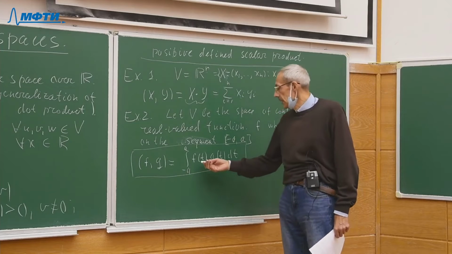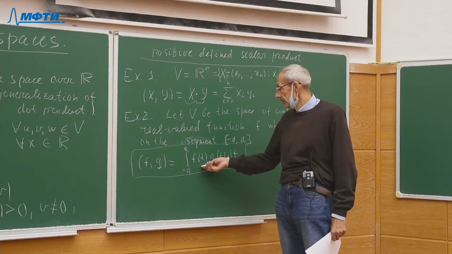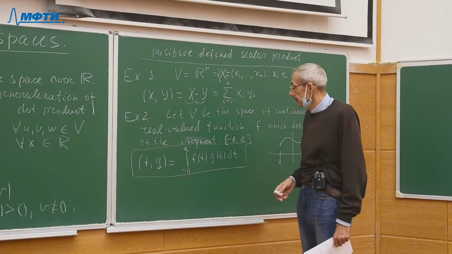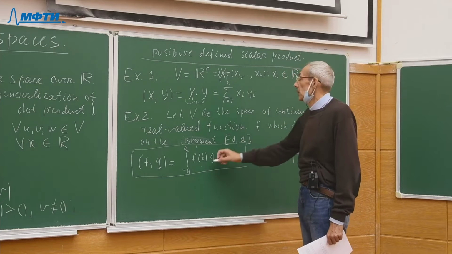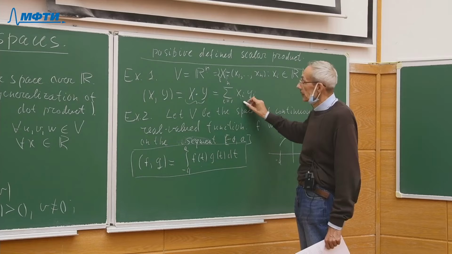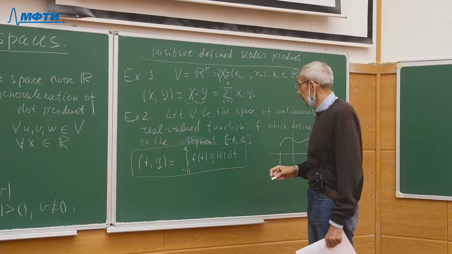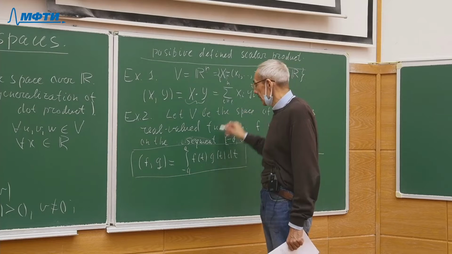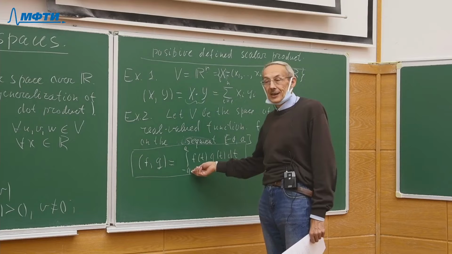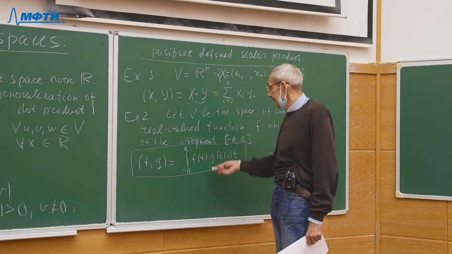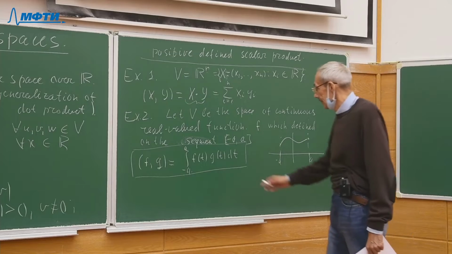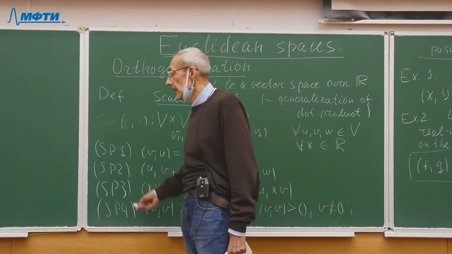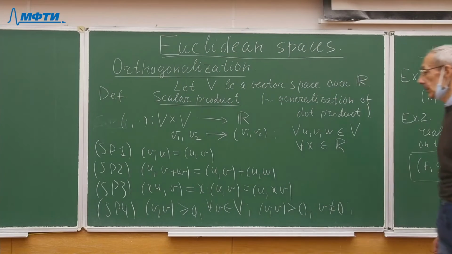In this case, we deal with a continuous function, and the argument of this function is some counterpart of the coordinates in the first example, and we change the finite sum to an infinite sum or integral with some continuous analog of this function. It is easier to check the first three axioms.